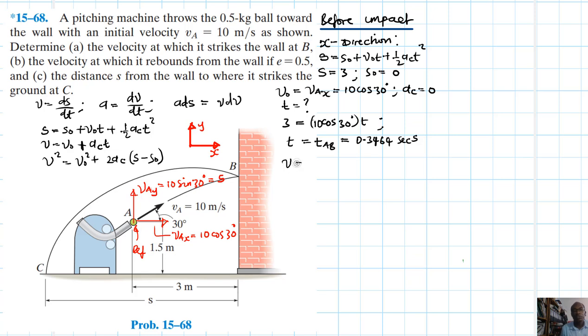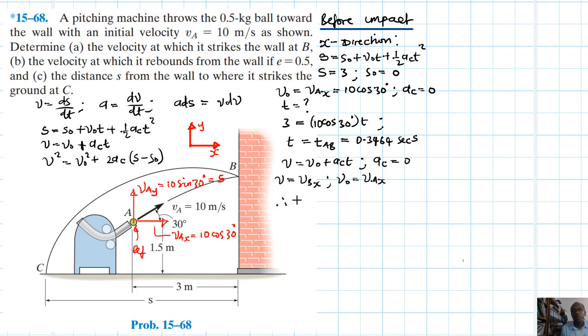Our v is just equal to v naught plus a_c t. Since a_c is equal to 0, our v is just equal to v naught, and this v we just call v_Bx. Our v is just equal to v_Ax.